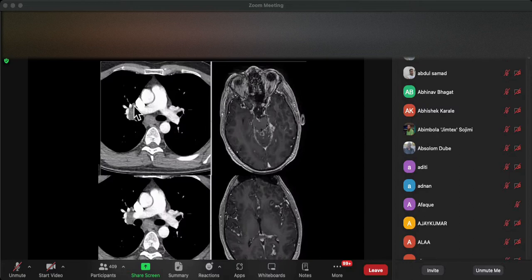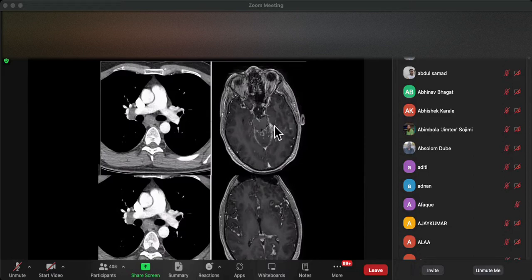Okay, what have we got here? Yeah, sarcoidosis.